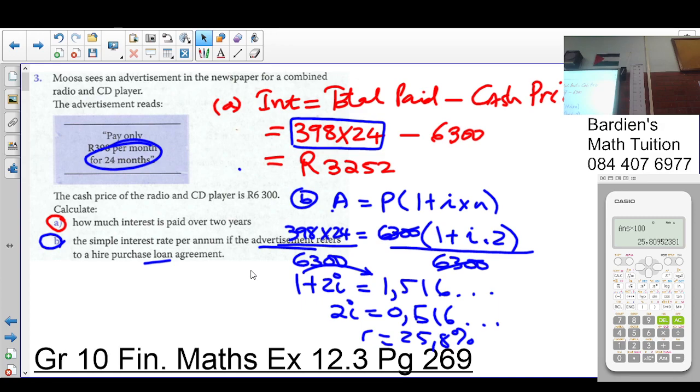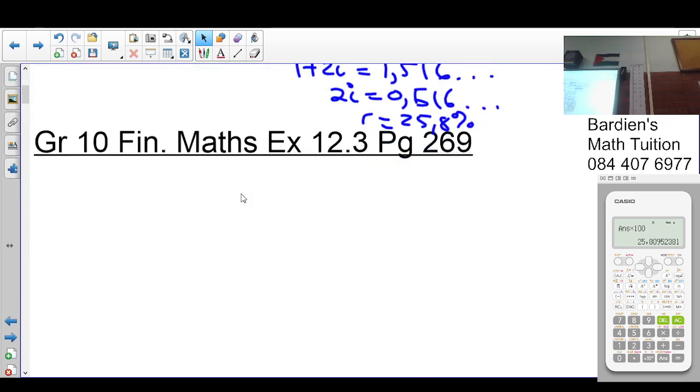Okay. So if you had to take this over 4 years, then you would have paid 100% of the value of this. So it basically pays double. Likewise, if you buy a house over 20 years and the house costs R1,000,000, you're going to pay in interest more than 1.1 million.